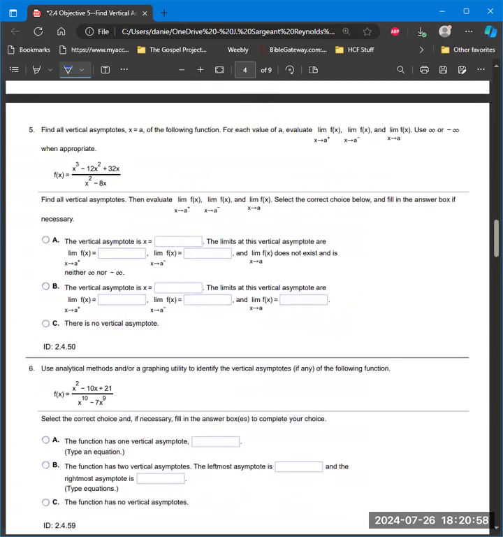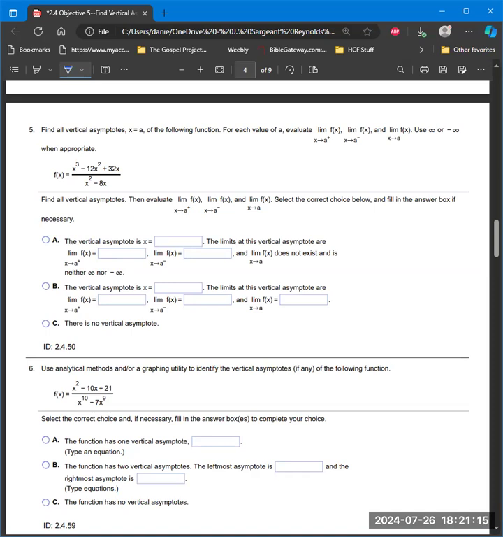Let's go ahead now and look at number 5. Find all vertical asymptotes in the form of x equals a of the following function, and then find the limits from the left and the right, and the limit if it exists.